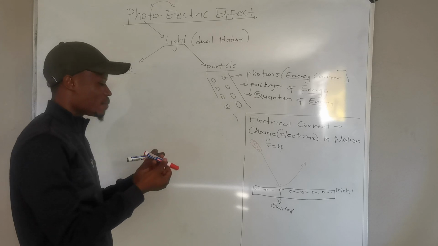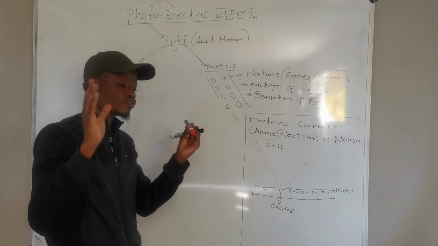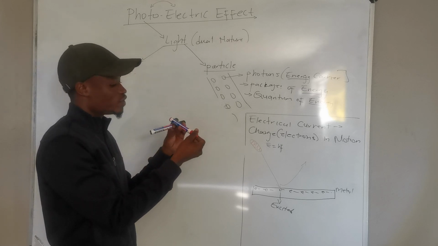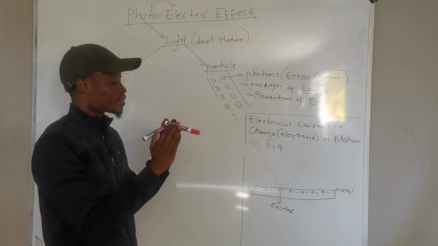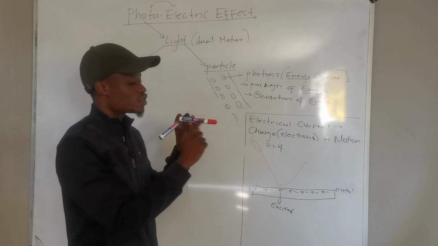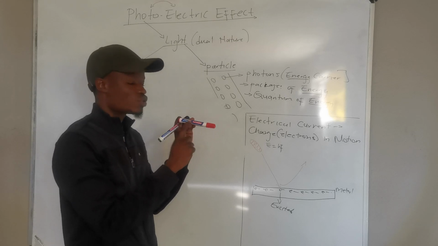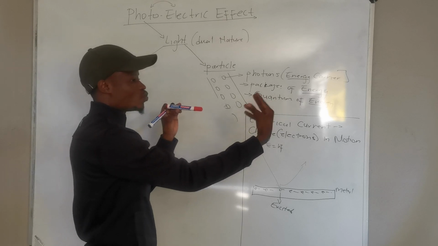Let me elaborate that. Okay, this is the photon. My hand is a photon. The lead of this marker is an electron. This marker is a metal which has bound this. You see, the lead is bound to what? To the marker. The photon comes with its energy.